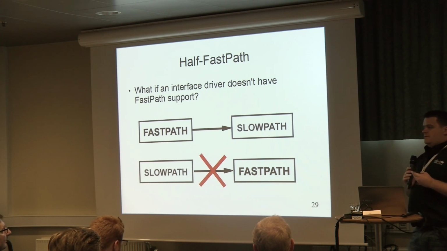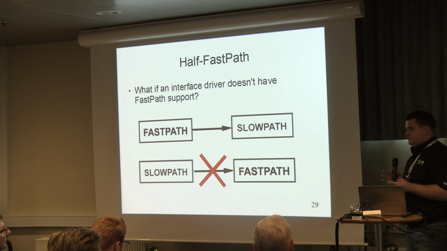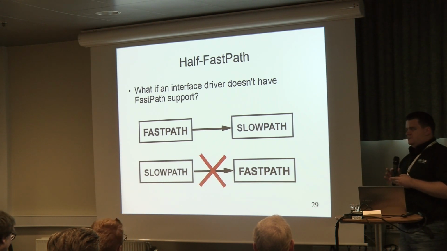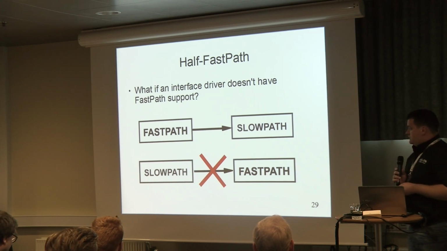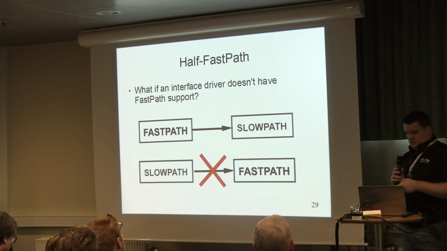Then it will go in FastPath mode, so it can travel through the router without any problems, and if slow path is needed, it can slow down. But it doesn't work the other way. If you receive it on a slow path interface, it cannot speed up and skip something. It will have to go the slow path way all the time.